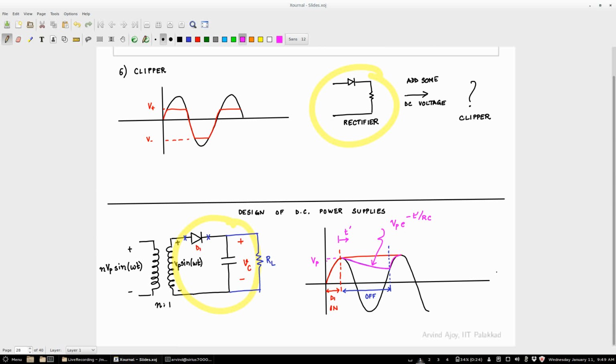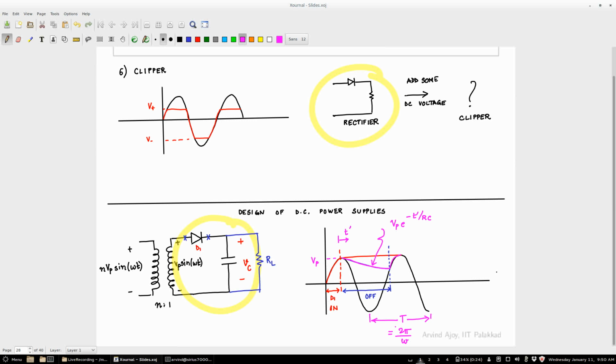Basically, you don't want this to discharge significantly. That means its time constant must be really large, right? If the time constant is very large, then your discharge will not be very significant. And whenever I say small or large, it's always with respect to something.